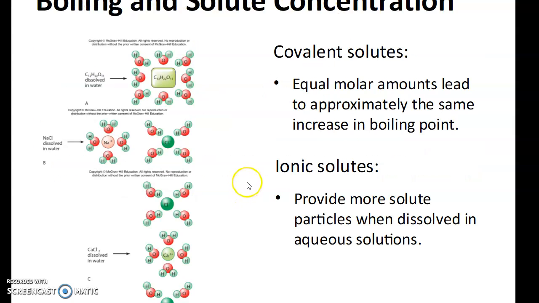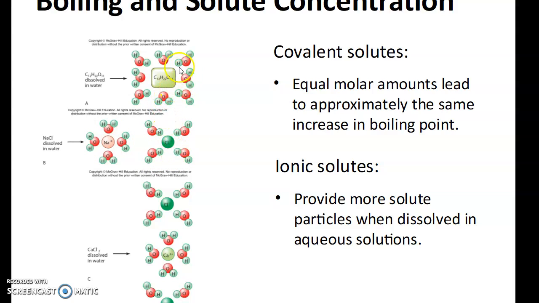Whether it's a covalent solute or an ionic solute doesn't matter at first. If you have sugar dissolved in here, that's going to raise the boiling point to a certain degree. However, if you have the same amount in moles of sodium chloride dissolved in there, each sodium chloride is going to have one ion of sodium, one ion of chloride, right?